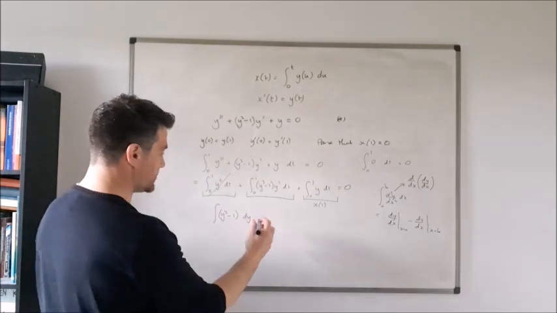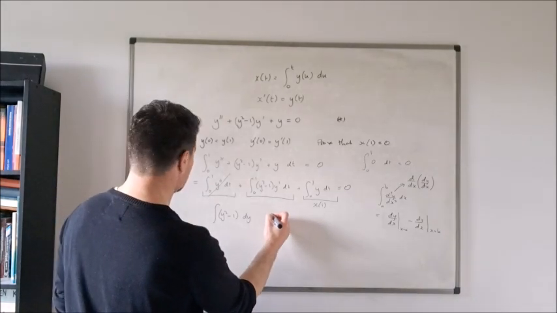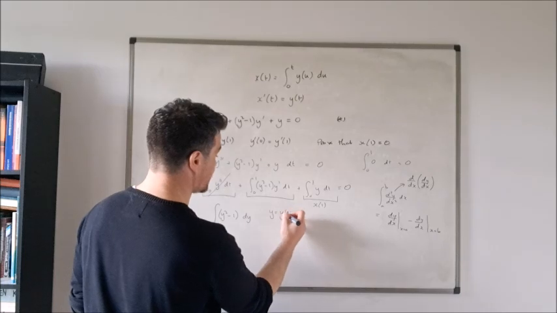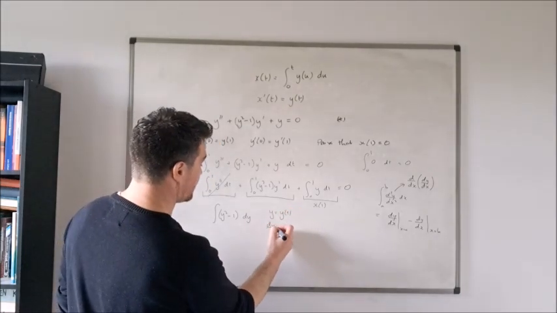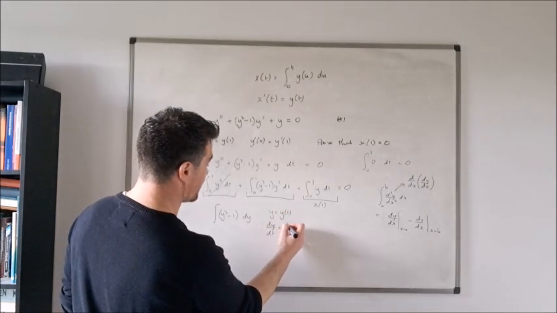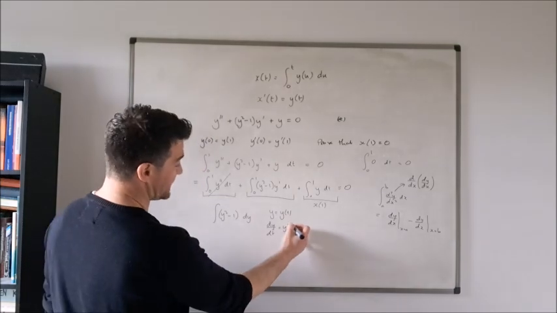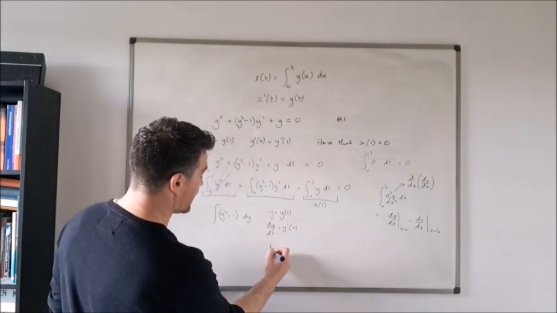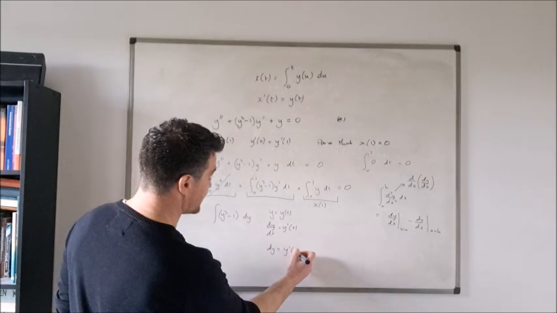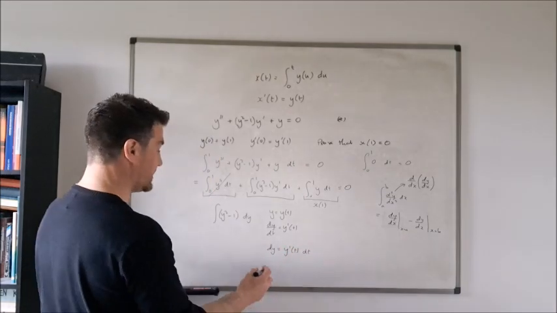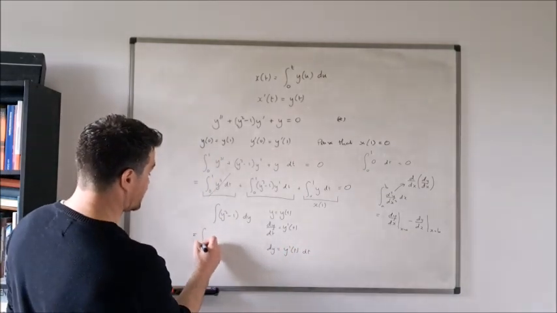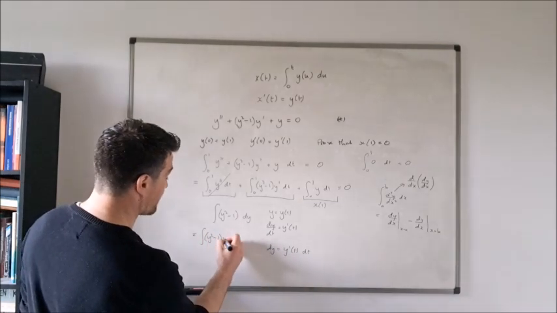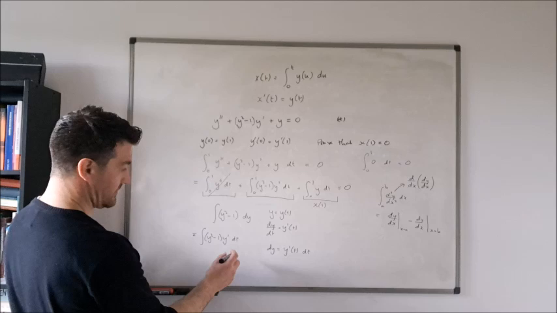We'd make our substitution: y equals some function of t, y of t, so dy by dt is y primed of t. So we'd replace the dy with y primed t dt. This is going to be equal to the integral of y squared minus 1 times y primed dt.